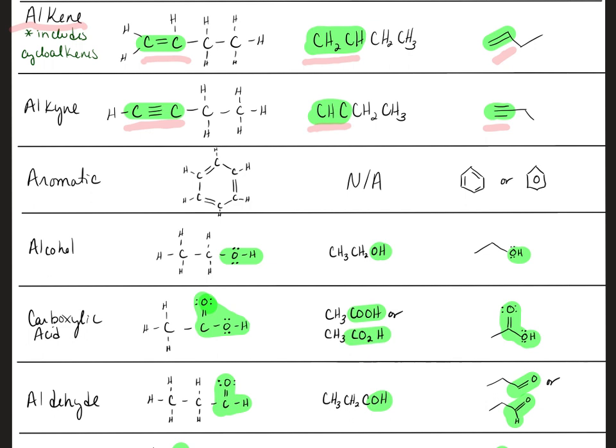Okay, now, if you don't believe me that thing should be straight, I want you to get out a model kit and look at what happens to this carbon right here, okay? Because you have a triple bond going in one direction, that carbon is really only attached to 2 atoms. So it's attached to the carbon that's on the left side, it's attached to the carbon that's on the right side.